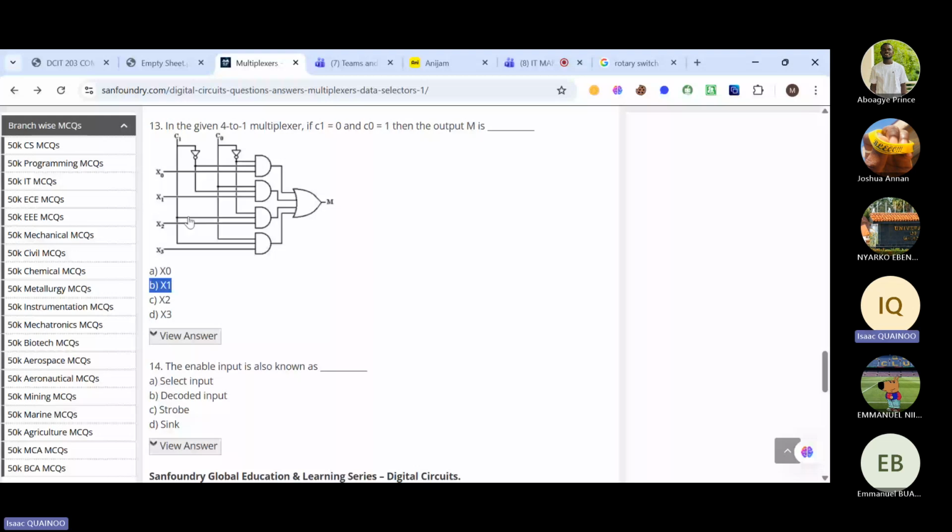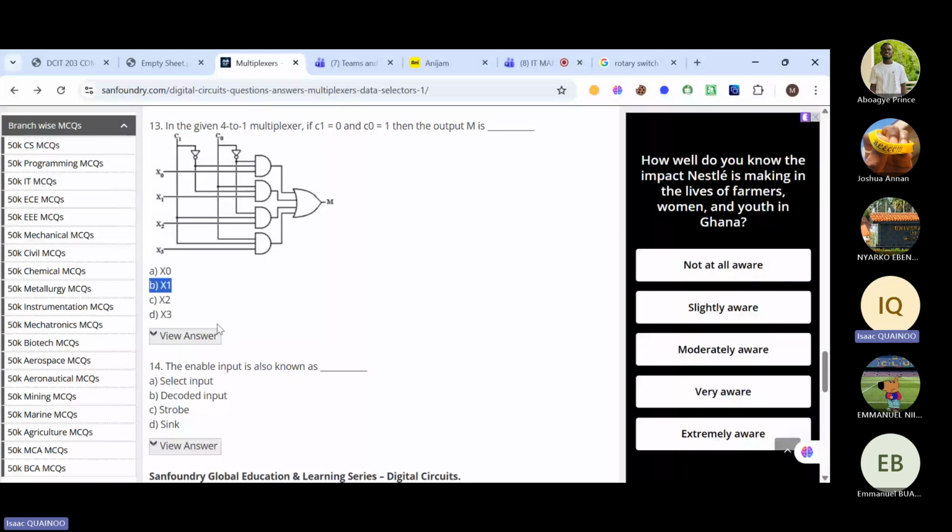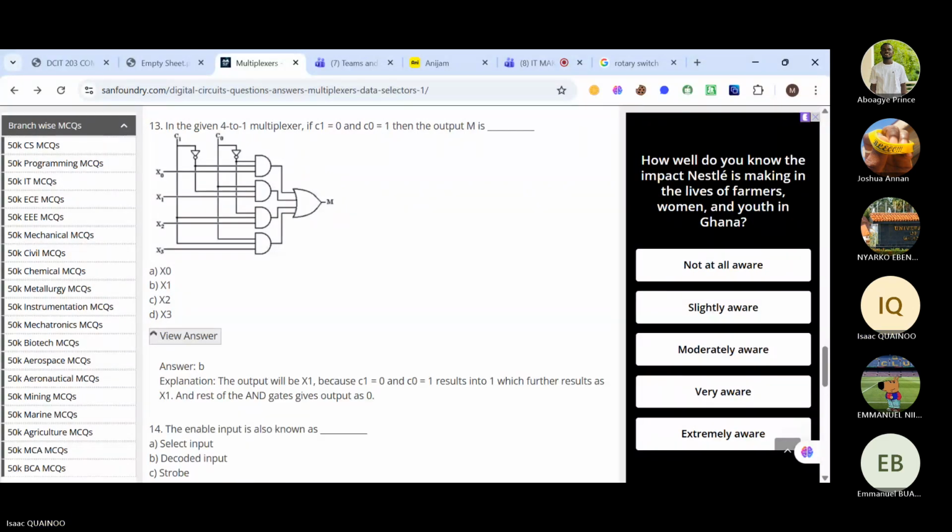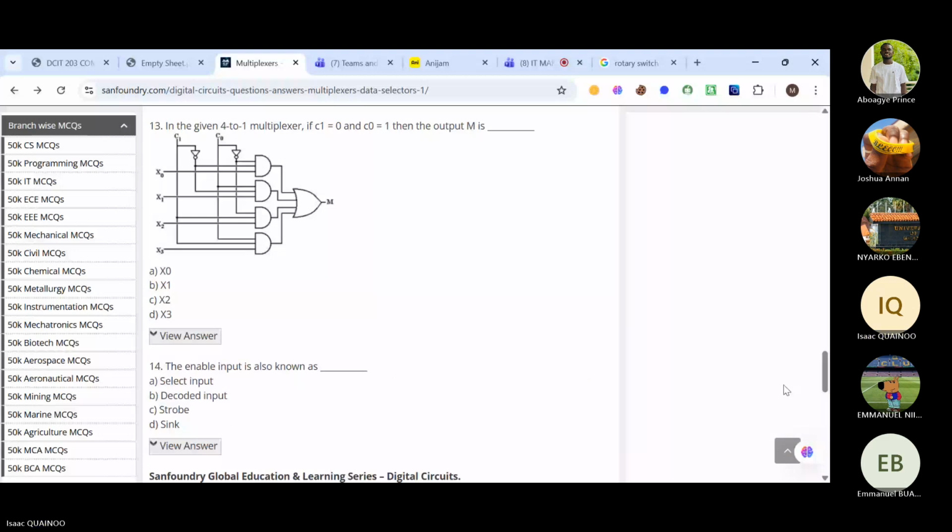So there is no need to trace the entire diagram to determine N. Once you know your select line is 0, 1, you know it is data line 1, which is X1. So that is the explanation. The output will be X1 because 0, 1 resolves into 1, which further resolves as S1. And the rest of the AND gates give output as 0. So our X1 is our correct answer.